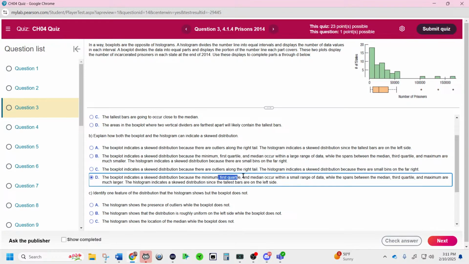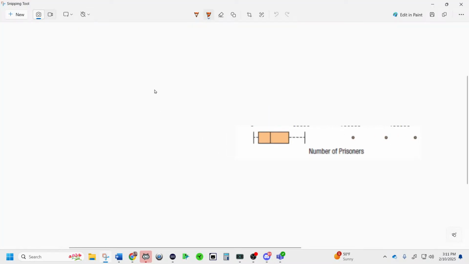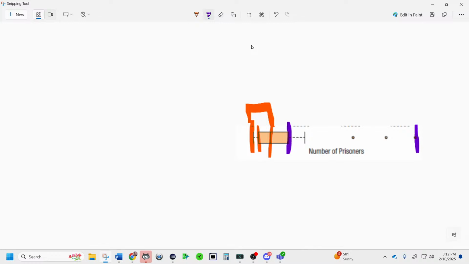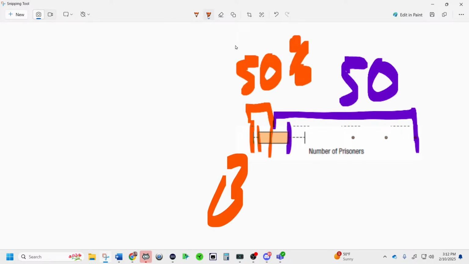What this is saying is that the bottom 50% is a lot more compact than the top 50%.